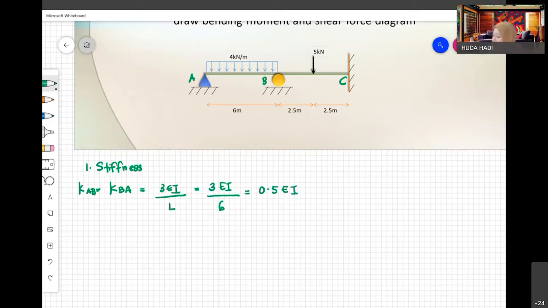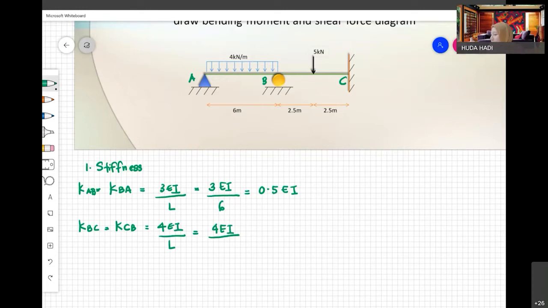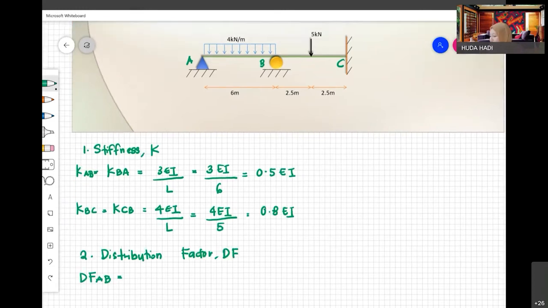Okay, for KBC and KCB. 4 EI over L. Okay, thank you. 4 EI over L. Betul because of part and support dia is fixed. Divide by berapa tu? 5 meter. So since kita buat untuk AB kan, stiffness dia KAB lah.